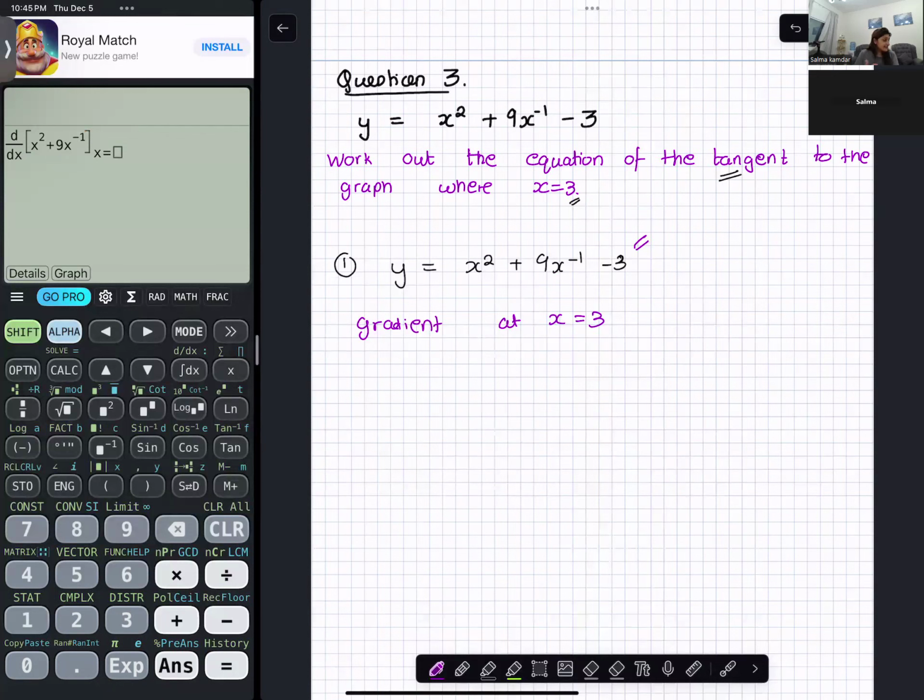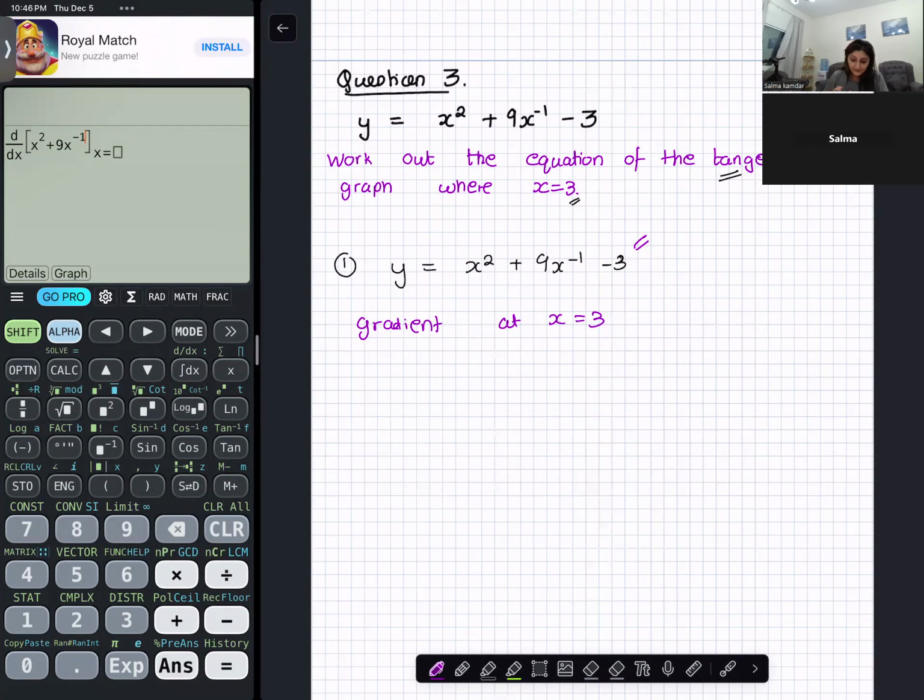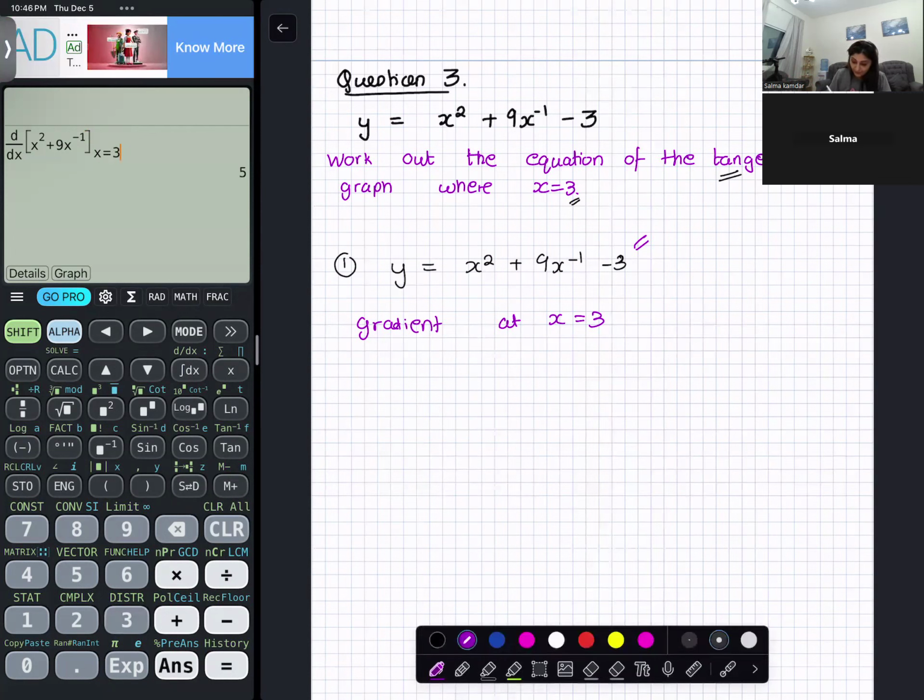Since we are finding the derivative, we do not need the constant, because the derivative of a constant is always 0. So I will ignore it. At x is equal to 3, the gradient of the curve is 5.